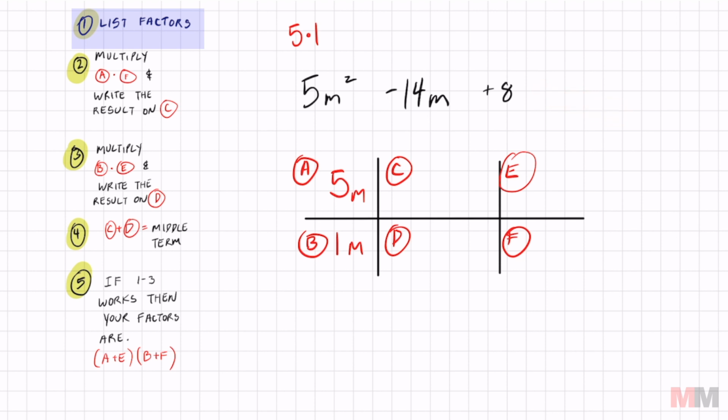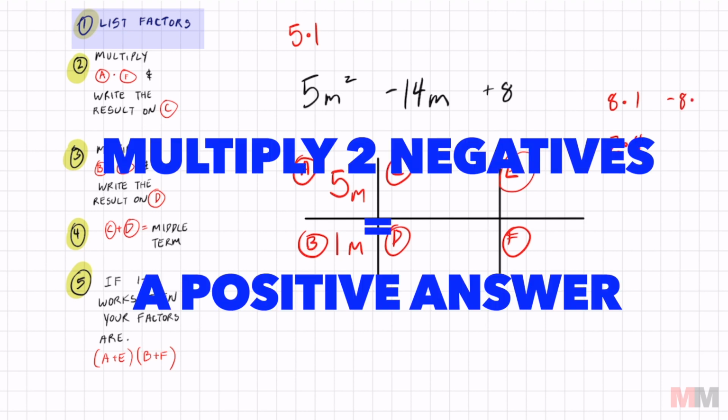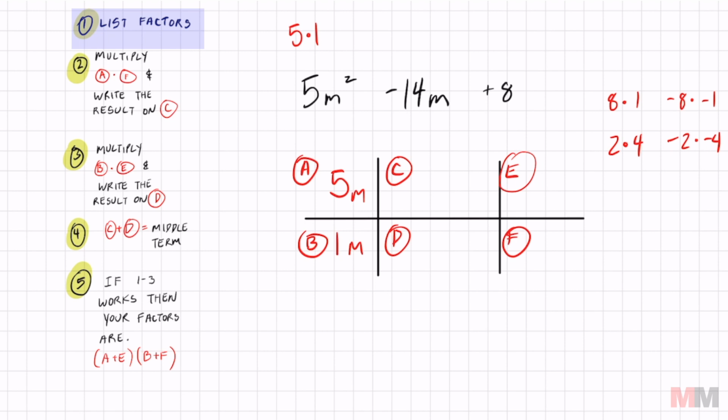All the possible ways to get 8 is 8 times 1, 2 times 4, or negative 8 times negative 1. Don't forget the negatives. Negative 2 times negative 4. Later you can see which one clearly works or not. But if you can't tell, either pick one at random or do it from highest to lowest, and you can kind of gauge the numbers.